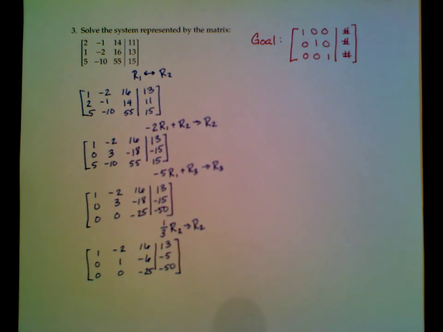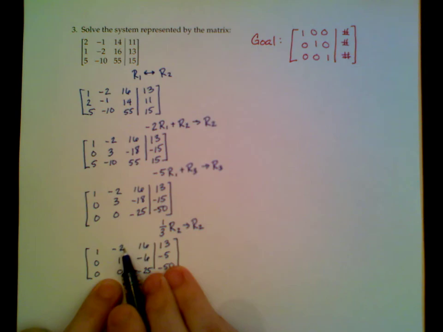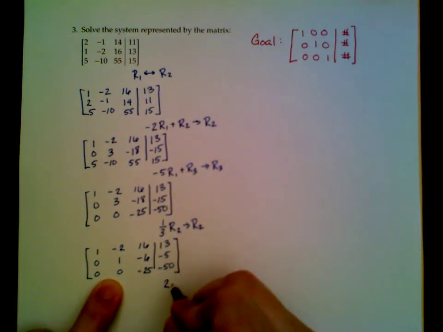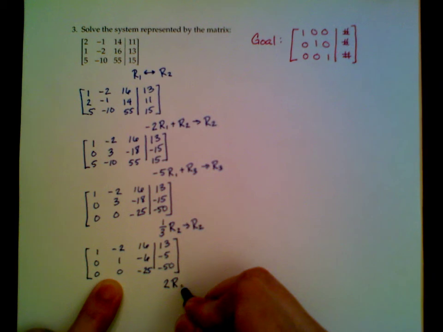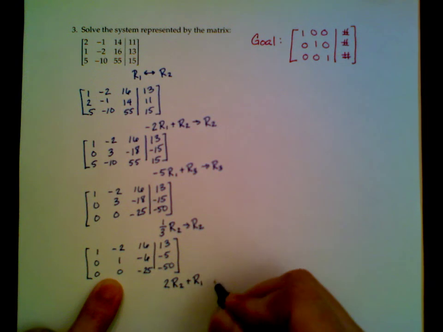So now, I already have a 0 for one of my zeros, so that's nice. I just need to change this negative 2 into a 0. I can accomplish that by 2 times row 2 plus row 1.